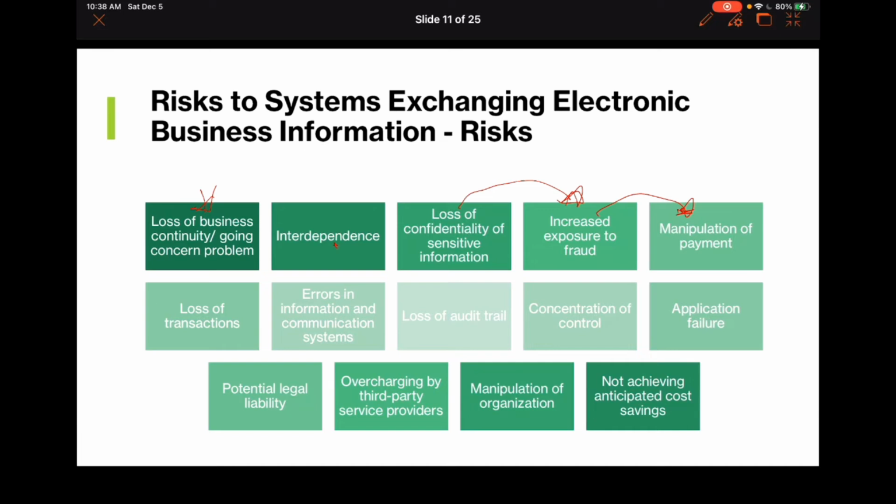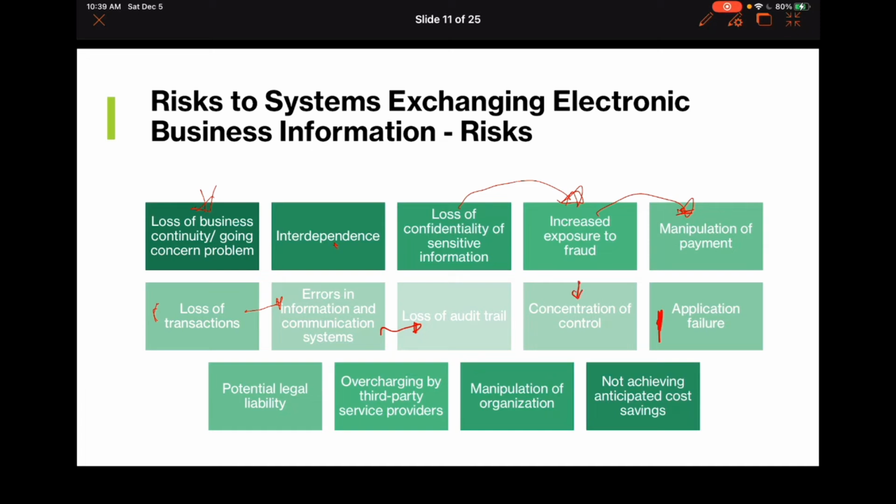So you also have a loss of transactions due to errors in communications and communication systems, which also leads to some loss in audit trail and some application failure.